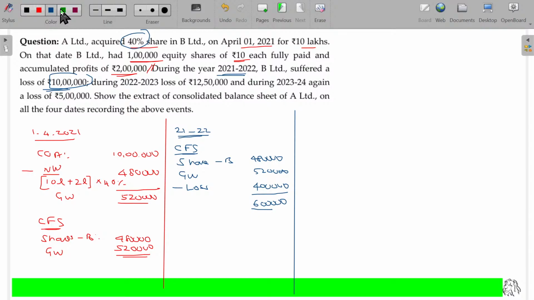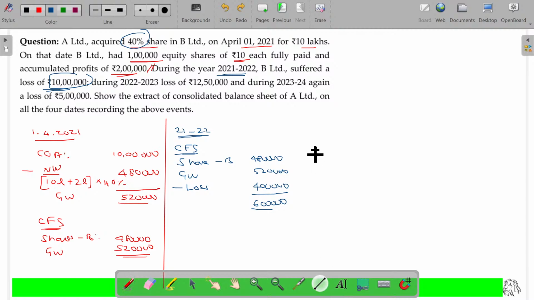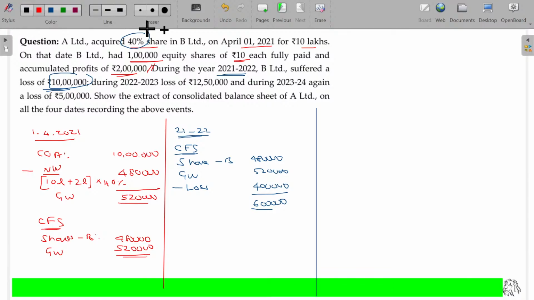Then during 22-23, loss being 12 lakhs 50,000. Loss being 12 lakhs 50,000, and there is another 10 lakhs, 22 lakhs, 40% on this being in CFS.